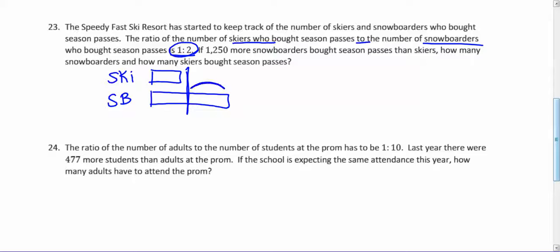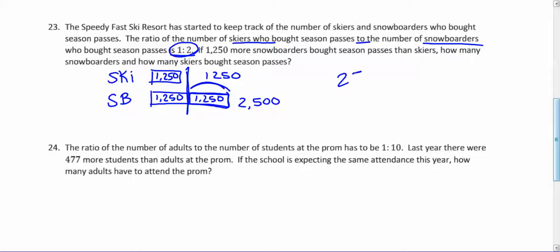This right here is the extra, and that represents 1,250 more snowboarders. So again, they made this one really easy because that is one box, so 1,250. We know the value of that 1 unit. And you can easily tell that there are 2,500 snowboarders and there are 1,250 skiers.